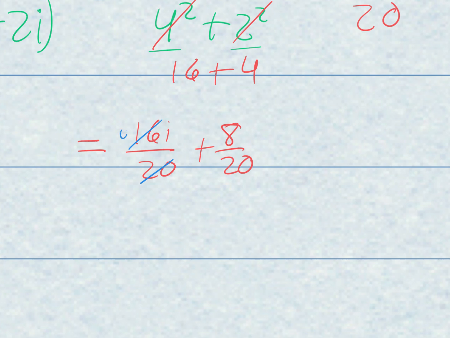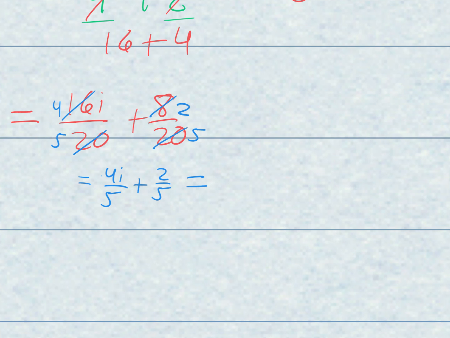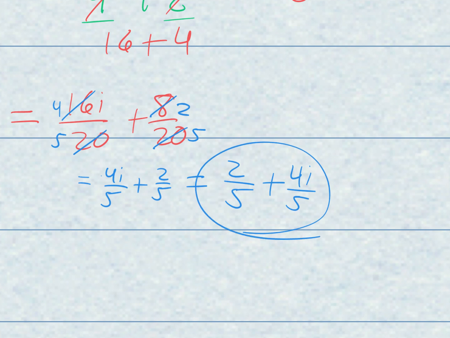So we should get 4i over 5. And then 8 and 20, same thing, divide by a factor of 4, so it becomes 2 over 5. So 4i over 5 plus 2 over 5. Now in standard form, you have to write the real first, so it becomes 2 over 5 plus 4i over 5. And there's your answer.